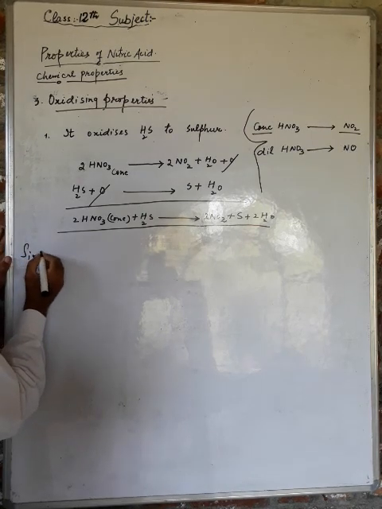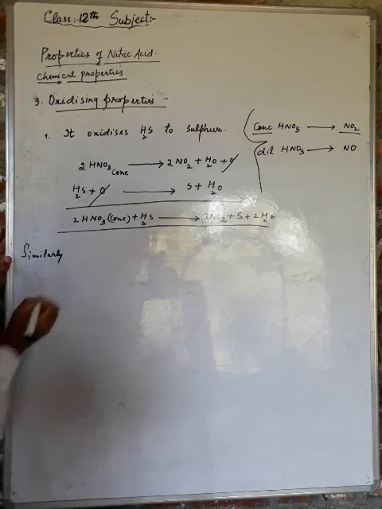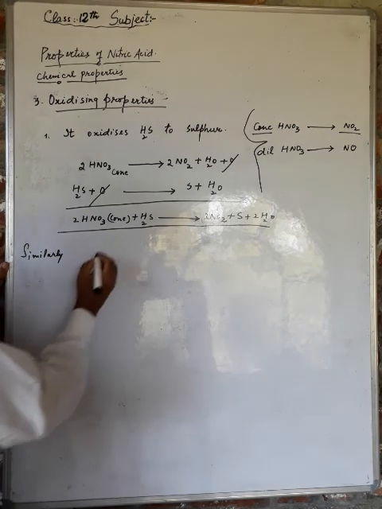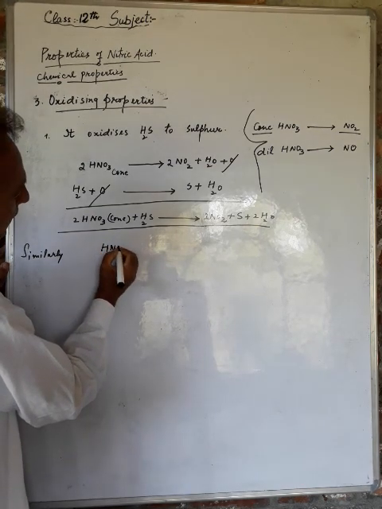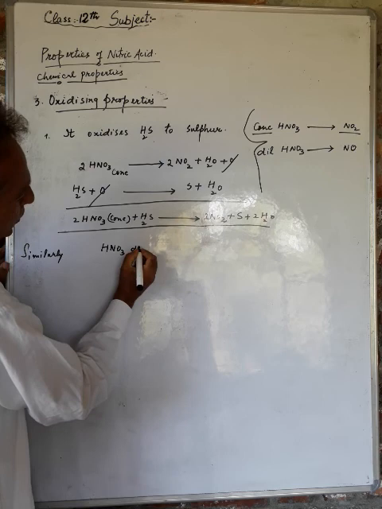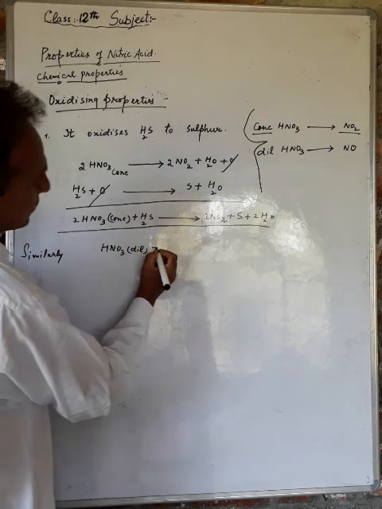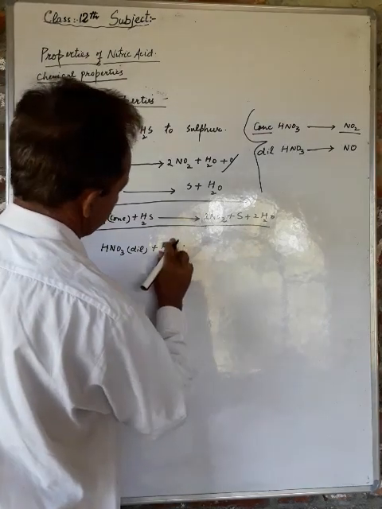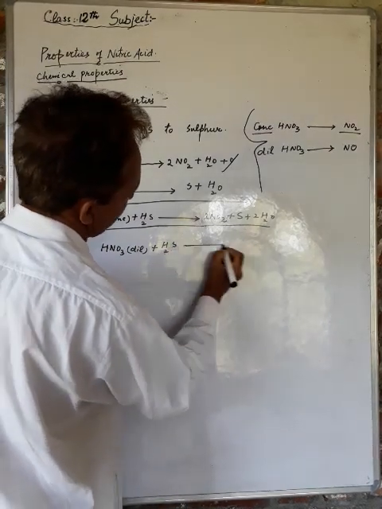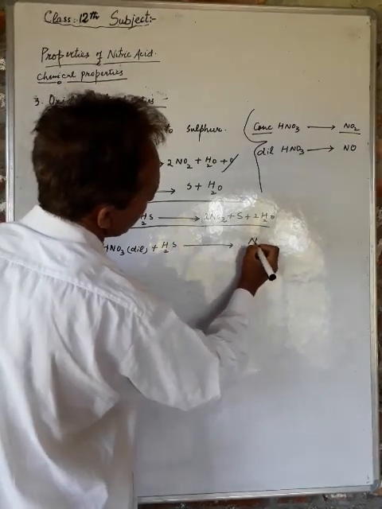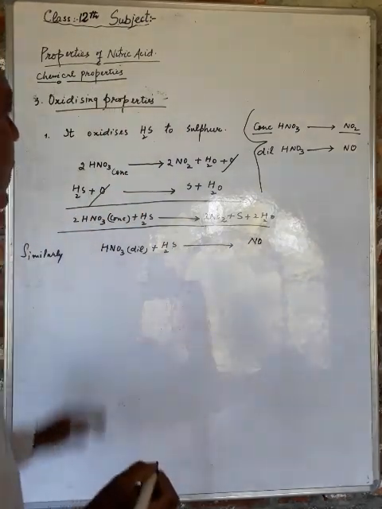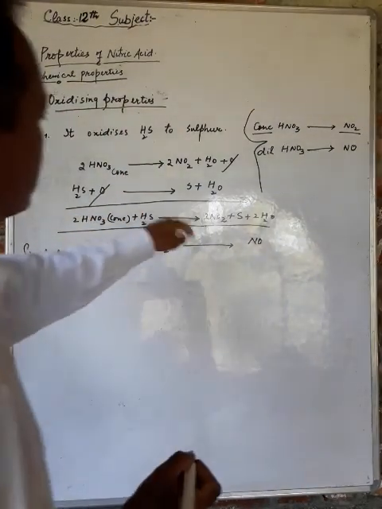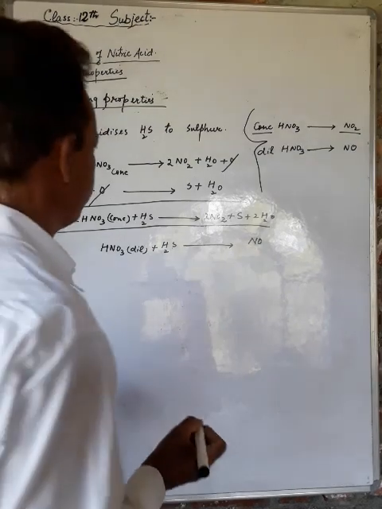Similarly, if we take dilute nitric acid, HNO3 dilute, plus H2S, forms NO. Here it forms NO; it itself gets reduced to nitric oxide.